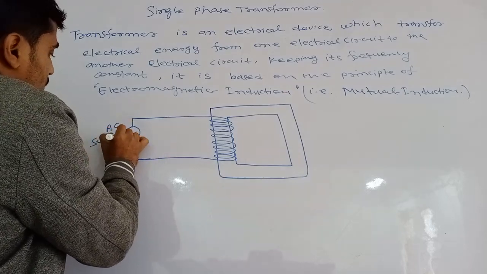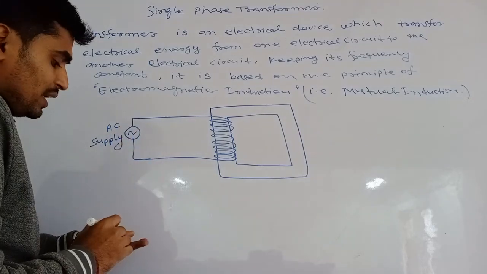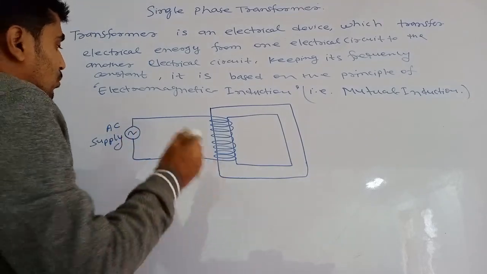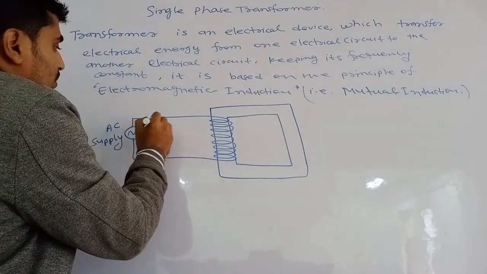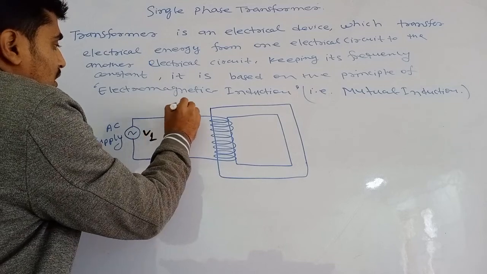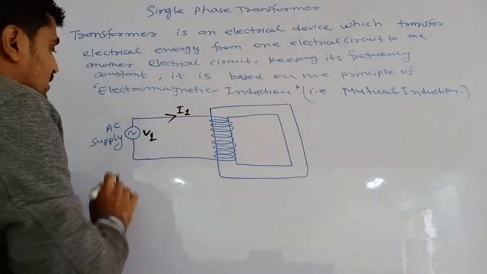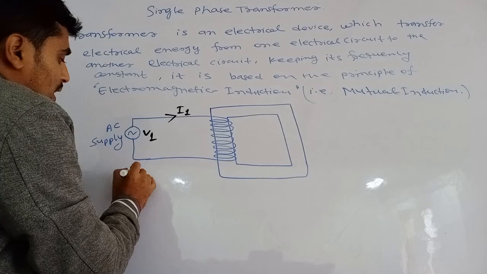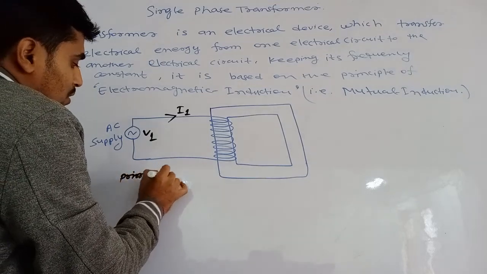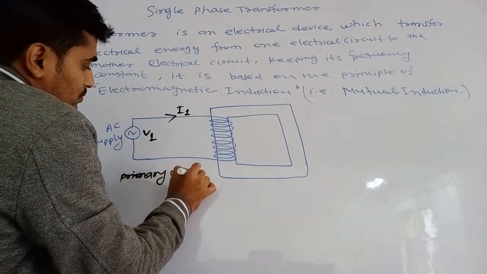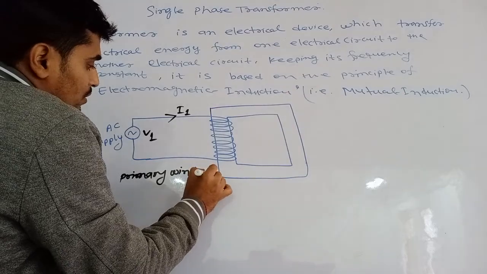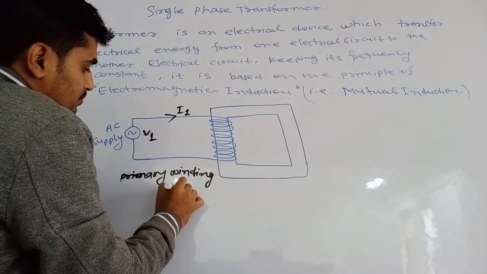The primary winding has voltage V1 on the primary side and current I1 on the primary side. This is known as the primary winding or primary side.